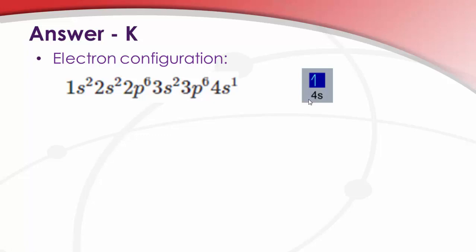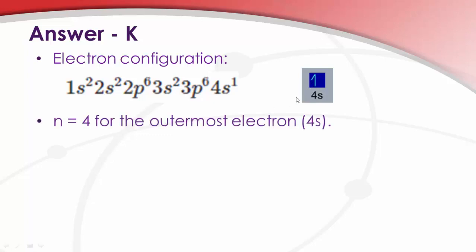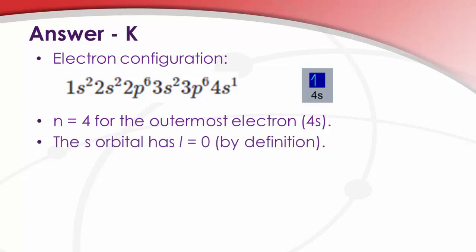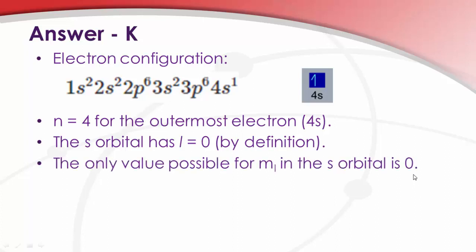Now we want to determine the 4 quantum numbers that uniquely identify this electron. First off, n equals 4, so the principal quantum number is 4 for the outermost electron. No big deal. Next, the s orbital, by definition, has L equals 0. And as soon as we know that L equals 0, there's only one option for m subscript L. There is only one 4s orbital, and so its number for m subscript L will be 0.